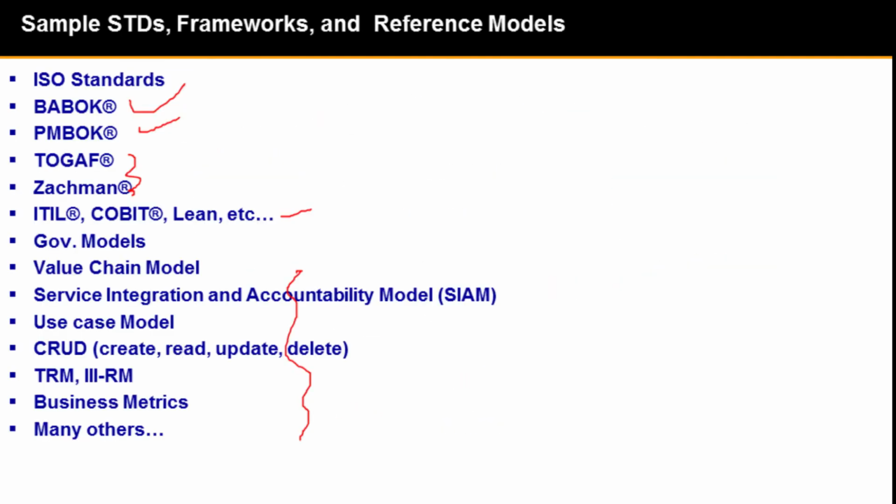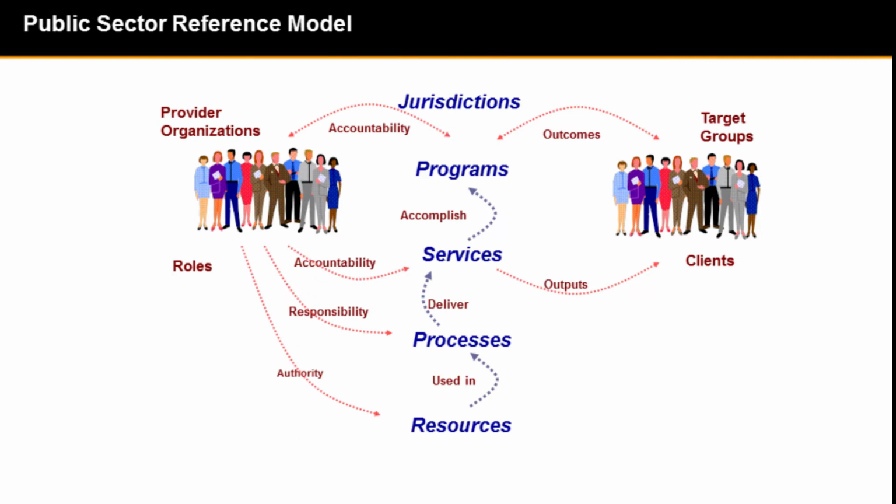Also, if and when you are a government department, the government is known to have its own reference models that will, to a certain extent, dictate how you're going to do enterprise architecture, within the constraints of things like jurisdictions, accountability, and the programs and services that you have, and so on and so forth.